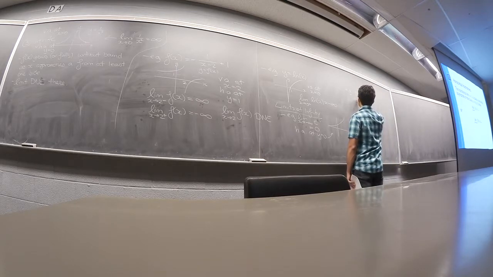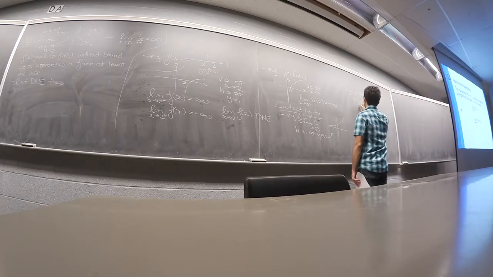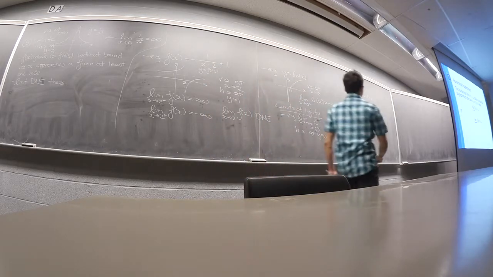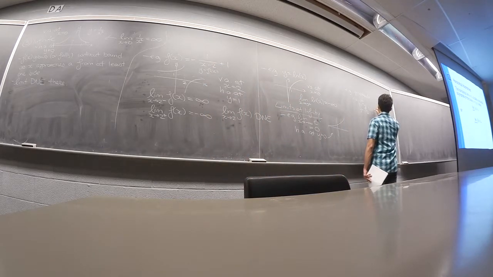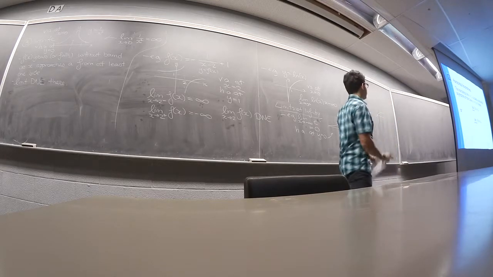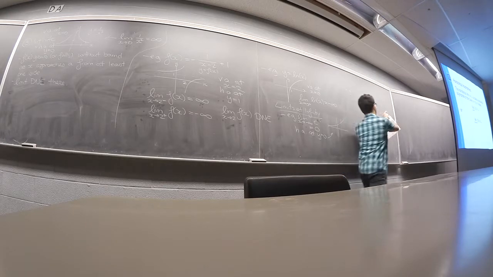That guy has horizontal asymptotes at y equals pi over 2 and y equals minus pi over 2. Something like this. Pi over 2, minus pi over 2, and it approaches.